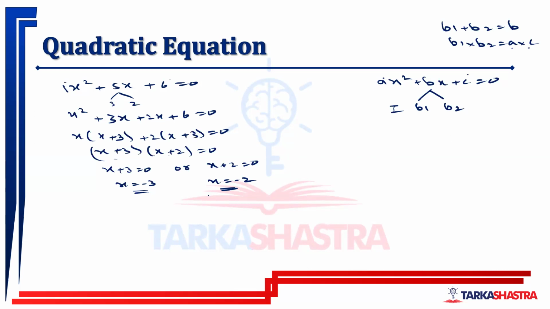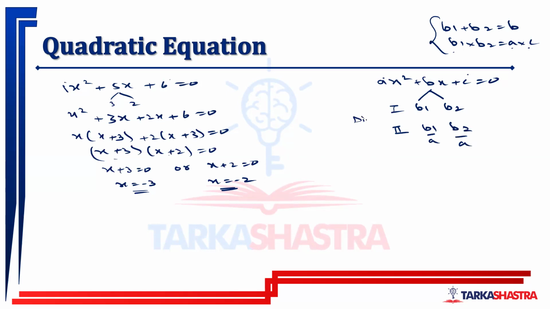Now I am telling you a shortcut in this, which is derived from this method only. The shortcut says that after you split the middle term, or coefficient of x, using this condition, the second step is b1 upon a, b2 upon a.